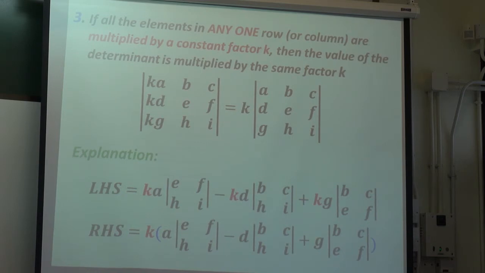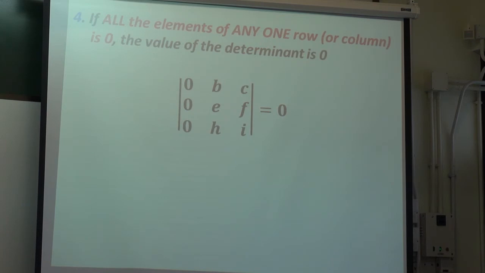Okay? So that is the third property. The fourth property is so obvious and trivial. Can you see that? If any row or any column has all 0, right? Having all elements 0 in any one column or any row, the value is 0.